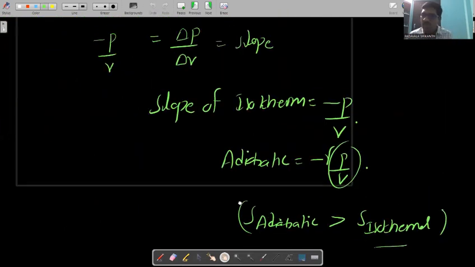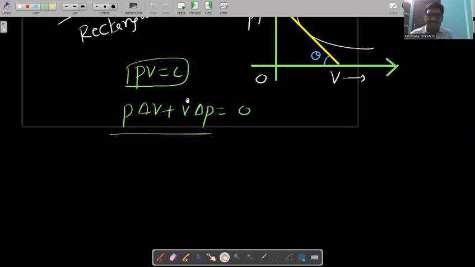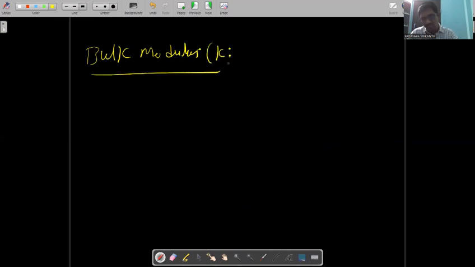One more important point I want to say in the isothermal process. If you want to bring out the bulk modulus, what is the value of bulk modulus?